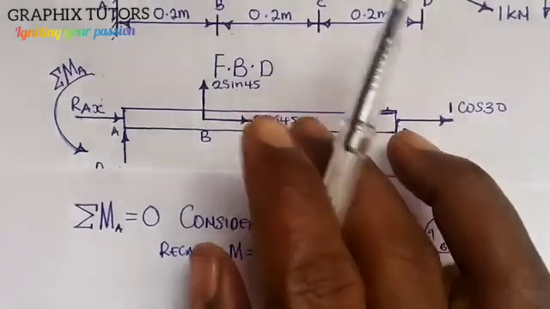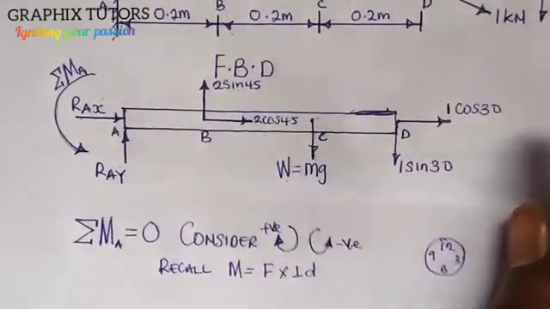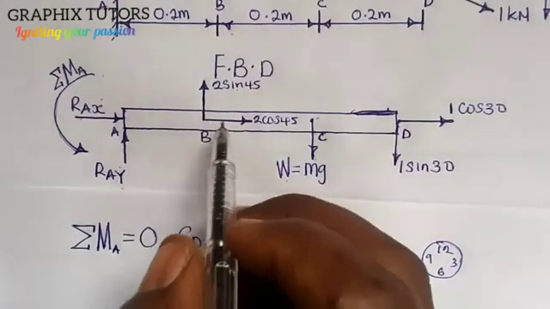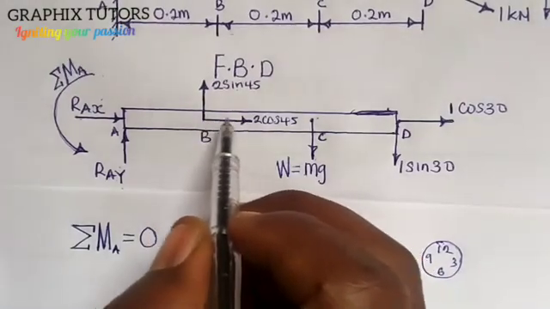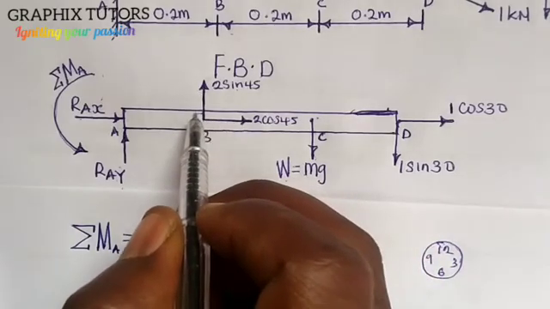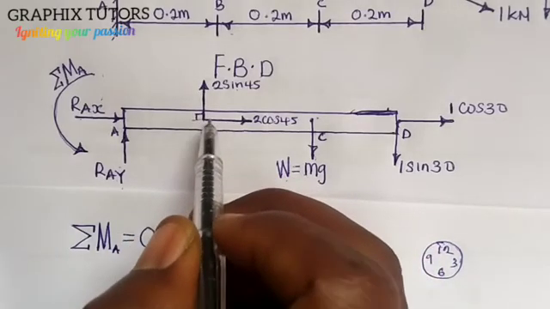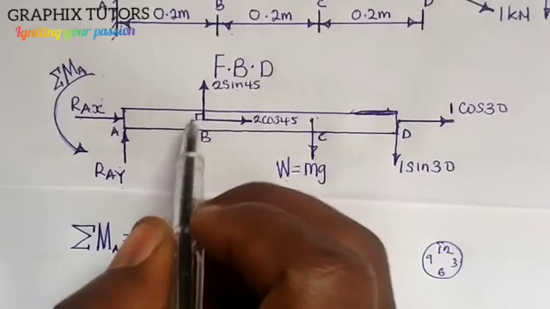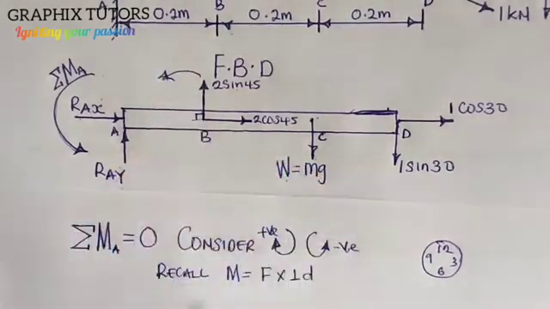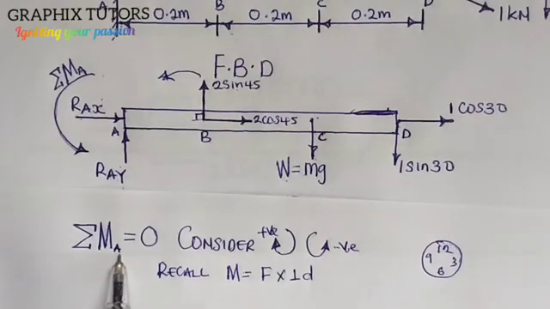So let's see. The first one is parallel, the angle is 180, it is not 90 degree, but this one standing is 90 degree to the distance, and it will be going towards point A, because that is where we're taking moment.